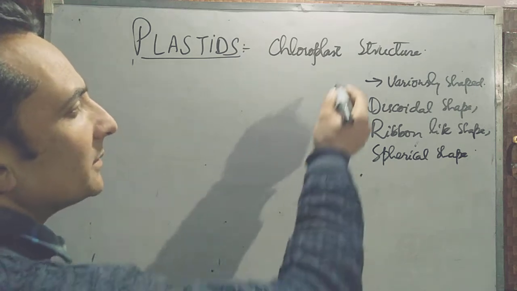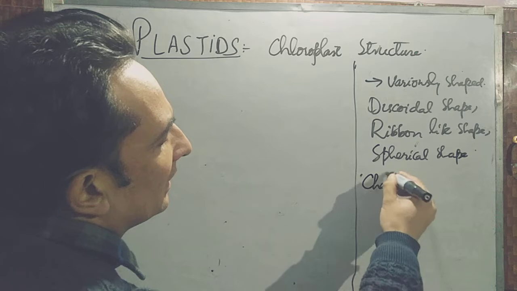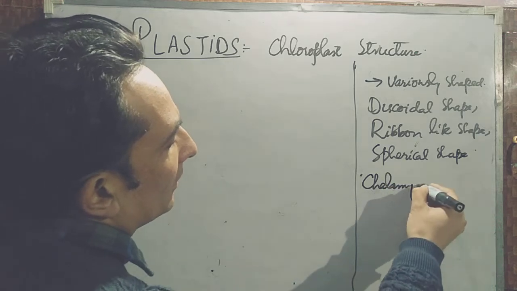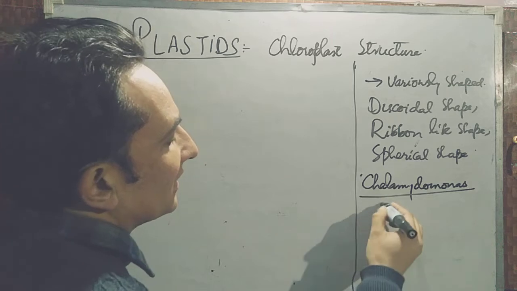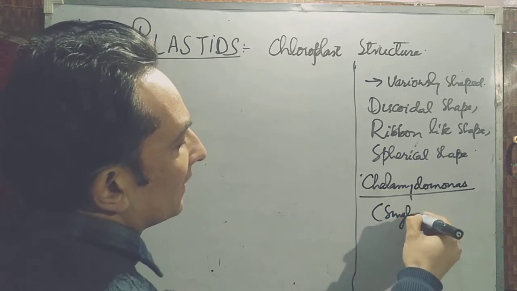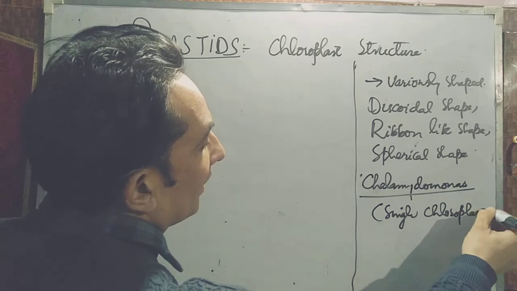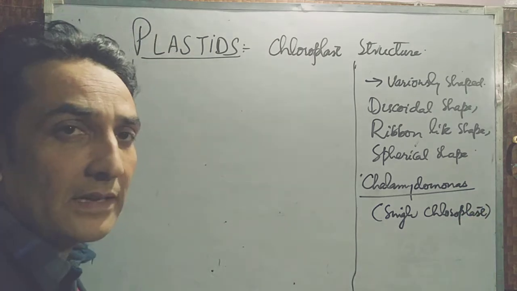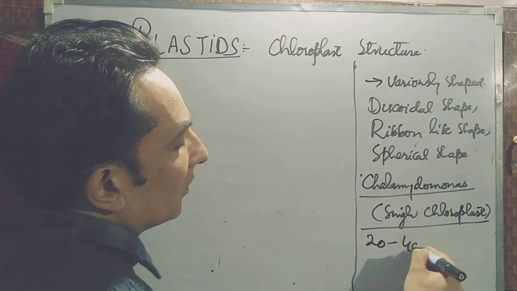With respect to the number of chloroplasts, in Chlamydomonas, which is a green alga, there is a single chloroplast. However, in the mesophyll cells of leaves, there can be 20 to 40 chloroplasts.